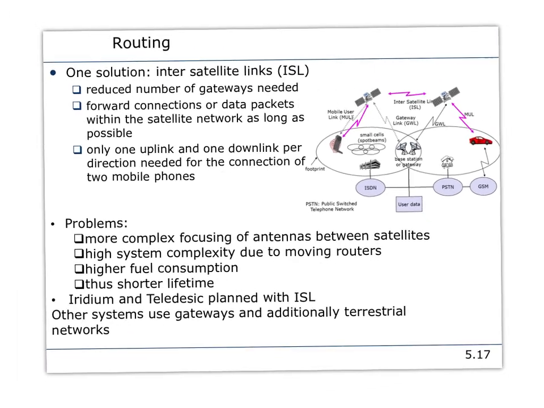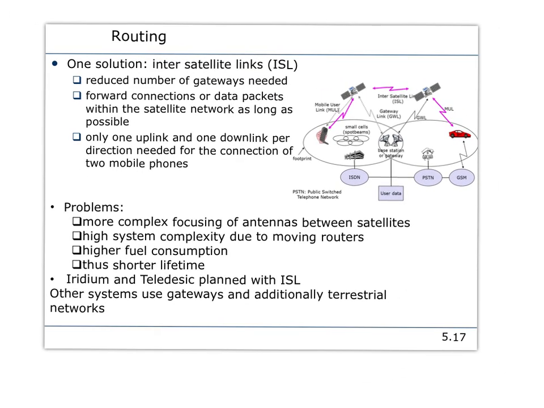Now, in terms of routing. As we said, the mobile user can communicate with the satellite, but then there is some routing decision that has to happen. Of course, you can route the traffic to the gateway, but then you have high latency because you have to route the traffic back and forth from Earth, and in that case, the total delay becomes more.